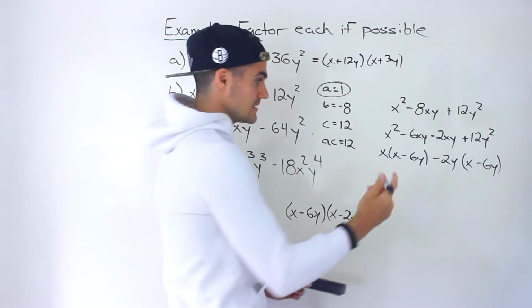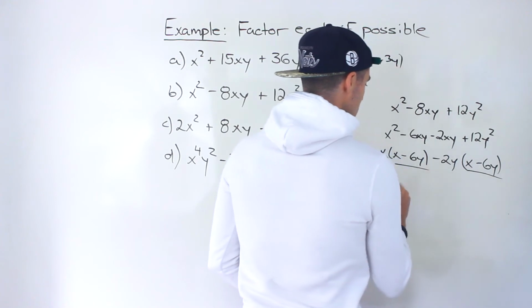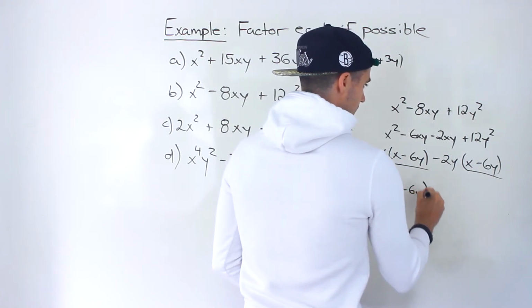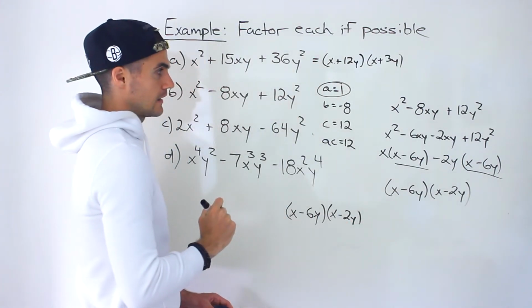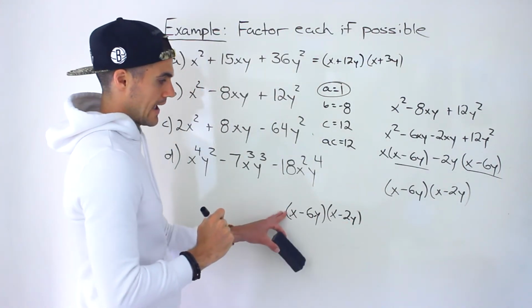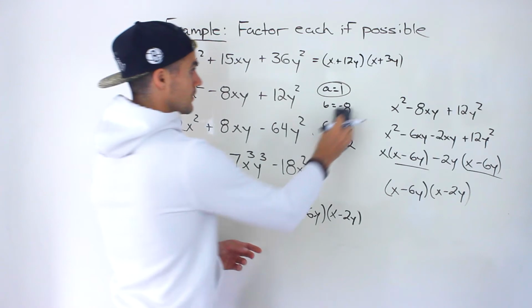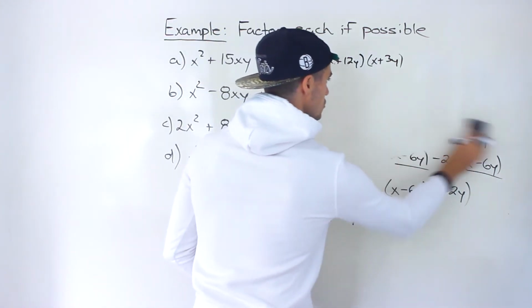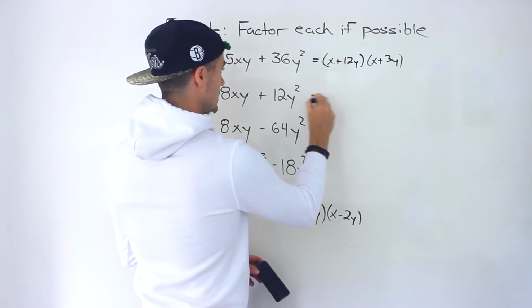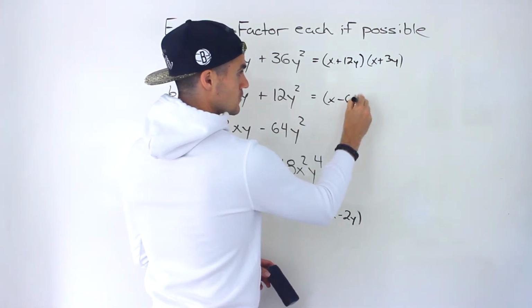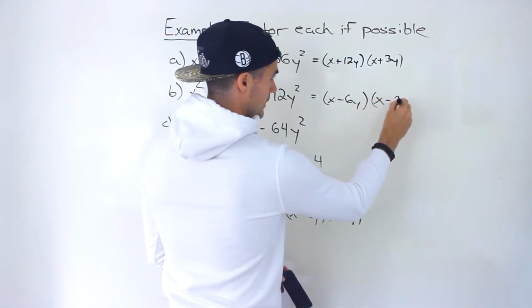Then as expected, these two brackets should be the same. And we end up with that final answer, right? As expected over here. Okay, so the answer to part B ends up being x minus 6y, x minus 2y.